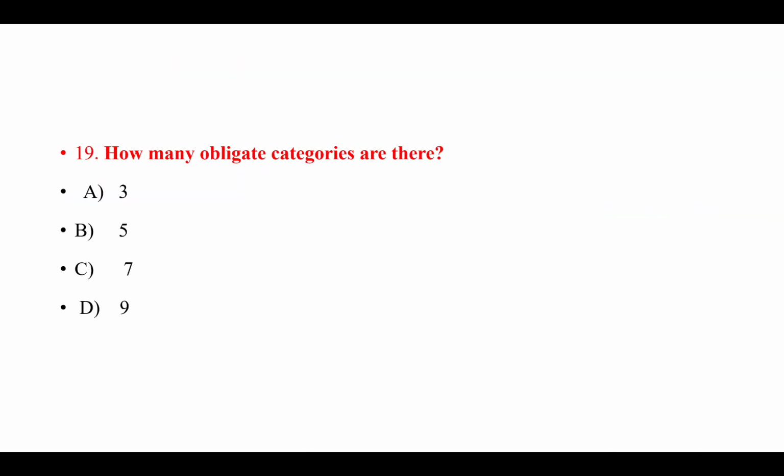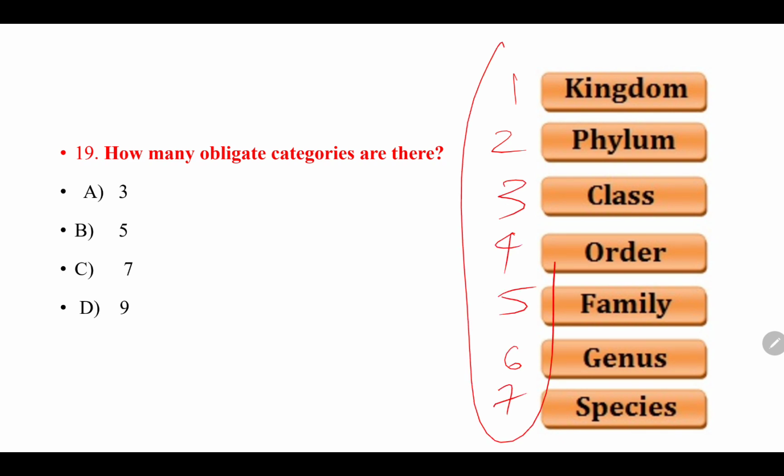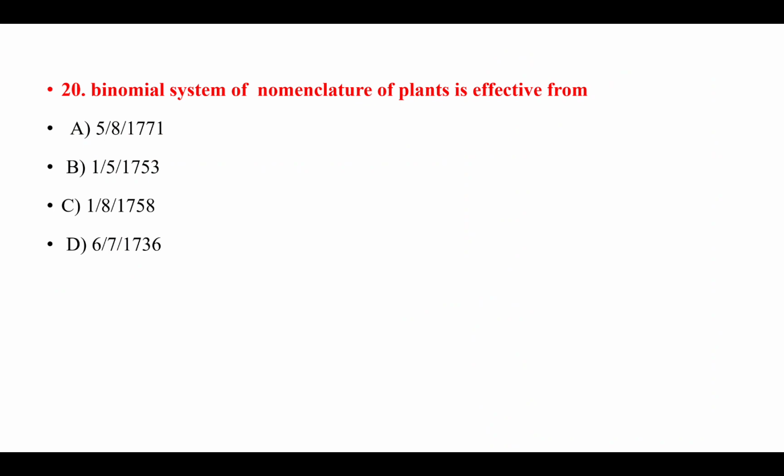Next, how many obligate categories are there? Obligate categories are nothing else but the same hierarchical classification, that is kingdom, phylum, class, order, family, genus, species. So, 7 obligate categories are there. So option C. And next, the binomial system of nomenclature of plants is effective from, and they have given certain dates.